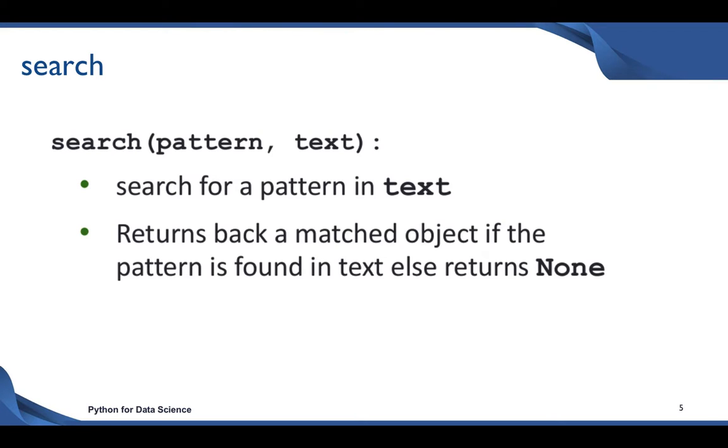So it takes two arguments. First is the pattern which you are trying to search, and the text in which you are trying to search it, right? So these two arguments it will take.